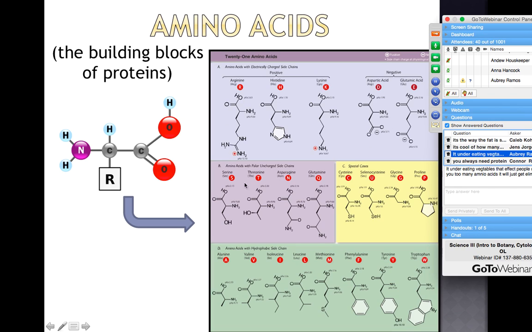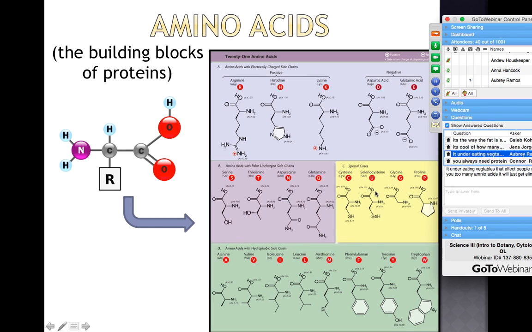This table has the 22 basic amino acids, and as you can see, each one is slightly different from the other. Some are positively charged, some are negatively charged, some have a loop of carbon, some have sulfur in them, some have nitrogen.